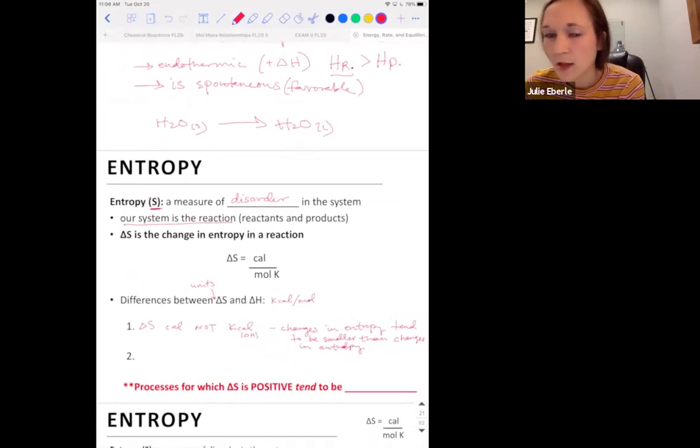What's another thing you notice a difference in the units? Mole K. So we have Kelvin in our units for delta S. What that means is that delta S is temperature dependent.